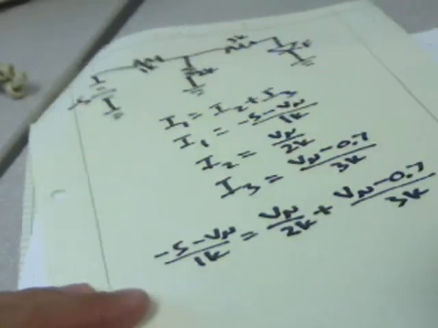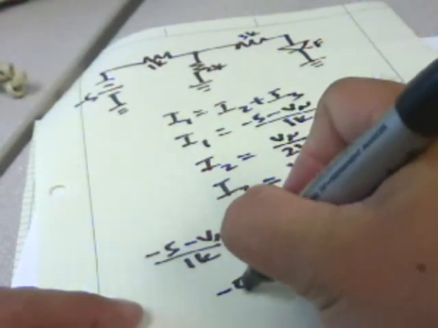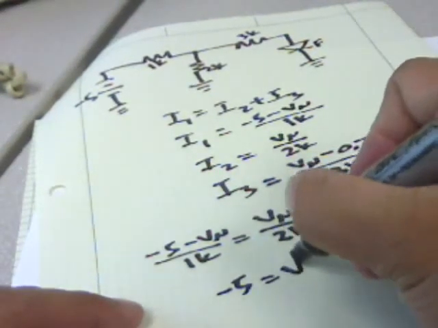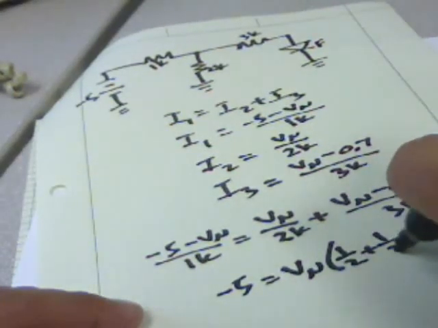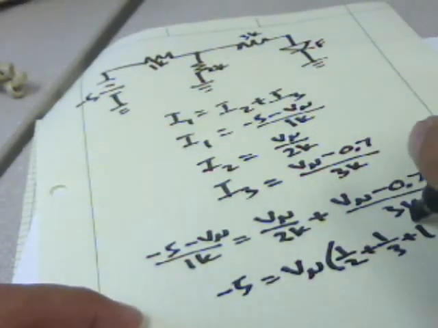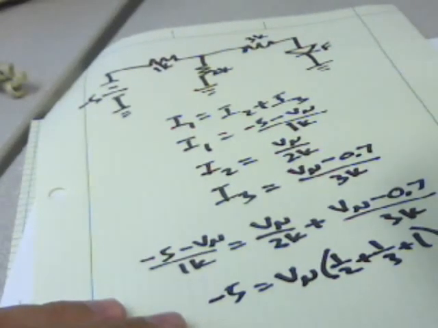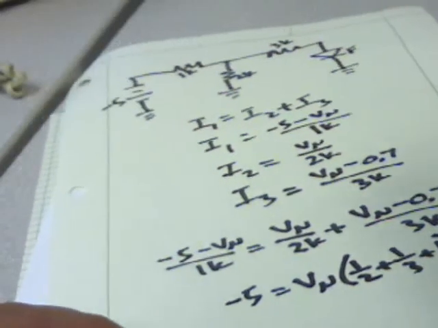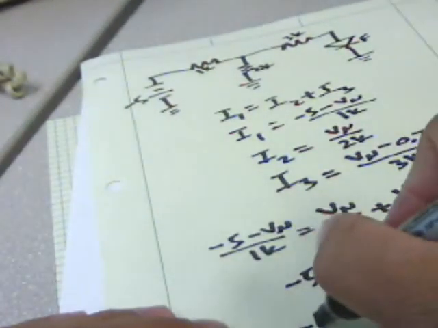We'll do a little algebra here, and we will have minus 5 is equal to Vn times (1/2 plus 1/3 plus 1) minus 0.7 divided by 3. And so we add this to this, and this time this is going to be negative 4.76.